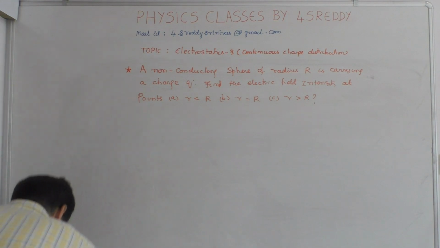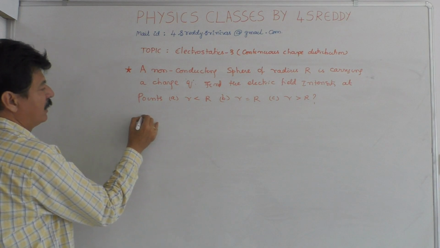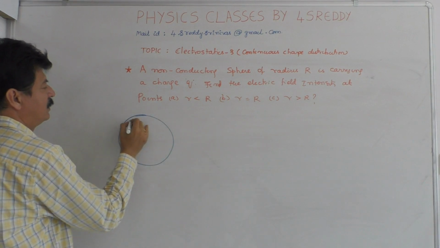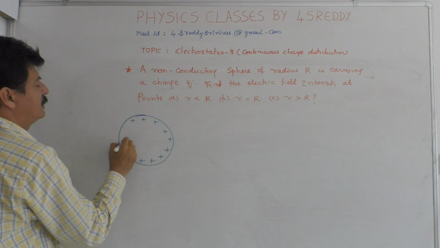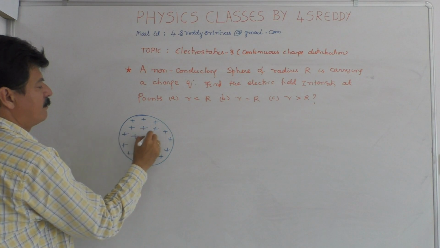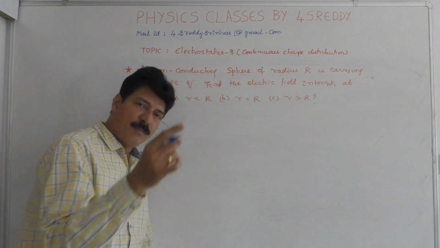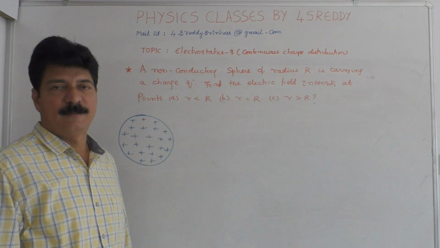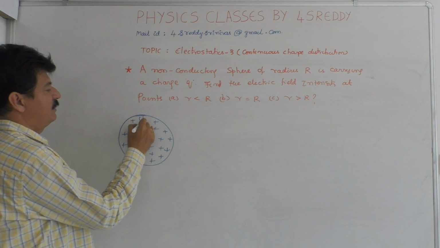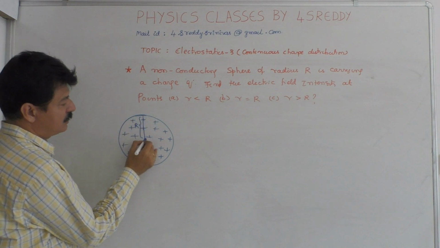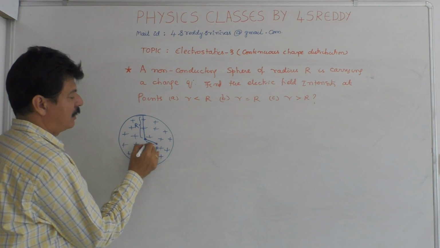If you are asked like this, then first, for any non-conducting sphere, suppose this is the charge, it resides throughout its volume, like this. For a conducting sphere only, the charge resides on its surface. Now this is carrying a charge q, having a radius R, and you are asked to calculate the field at point P at a distance r.